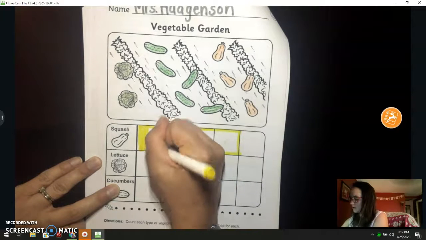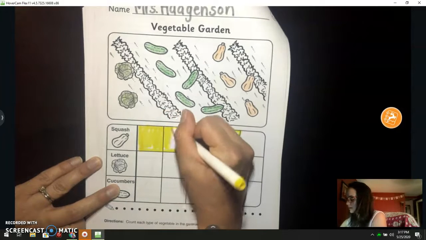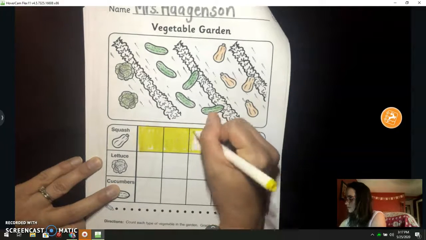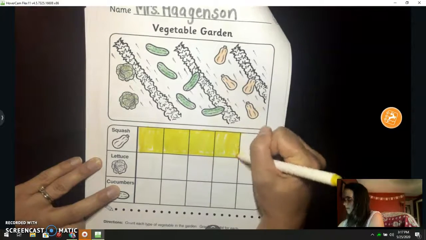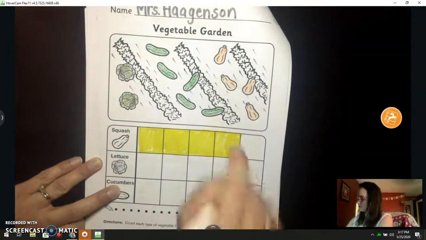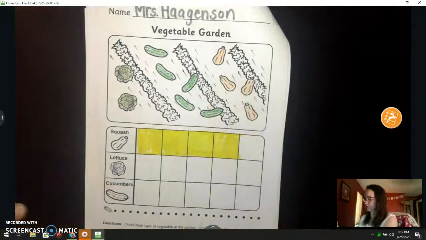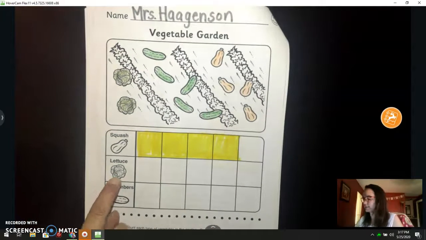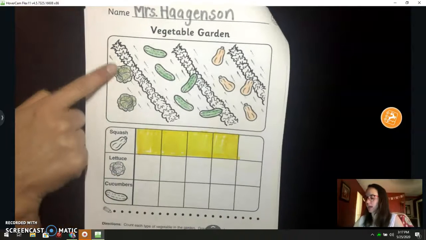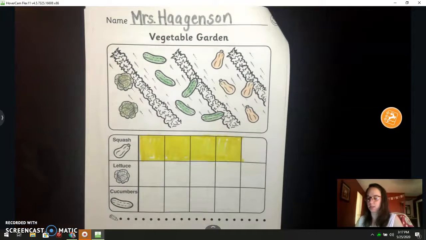So then you color those 4 squares. 1, 2, 3, 4. Do you remember why I'm coloring 4? Because there are 4 squash. Alright, next thing I have to count is my lettuce. How many heads of lettuce do you see?